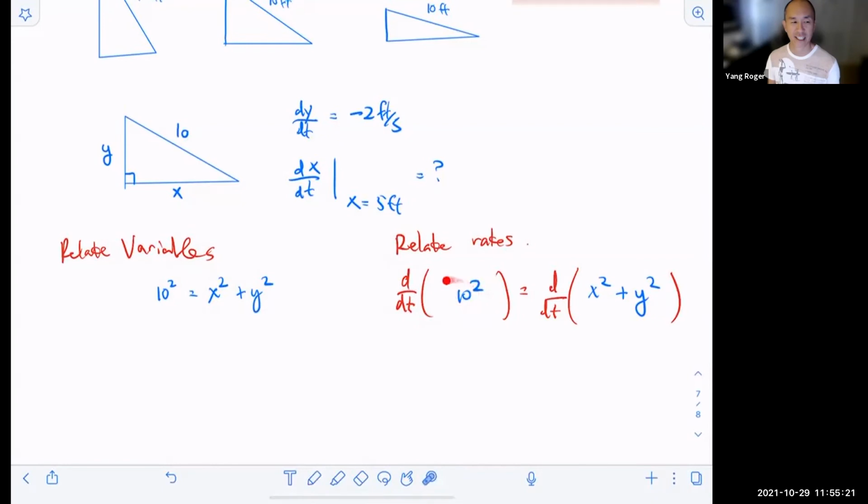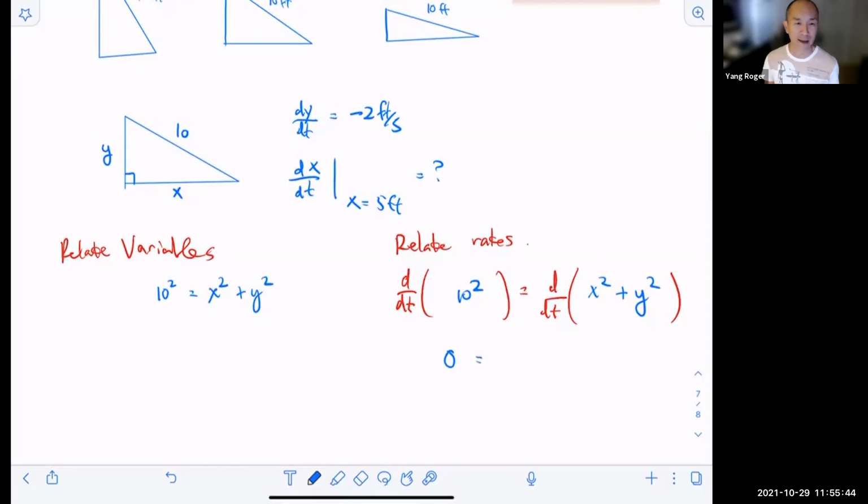What's the derivative of 10 squared with respect to t? Good. 0. Because it's a constant.